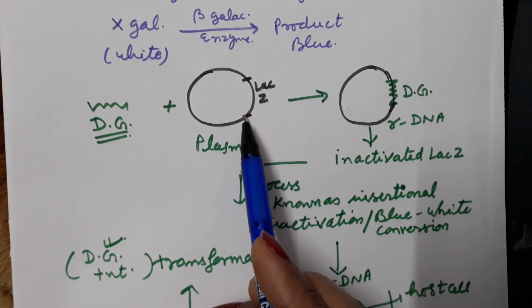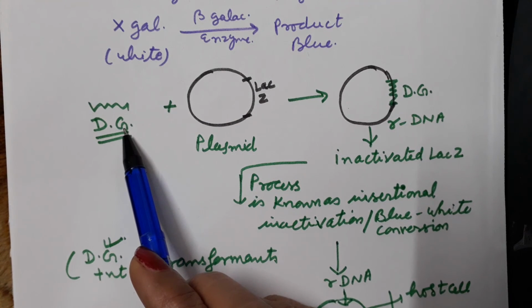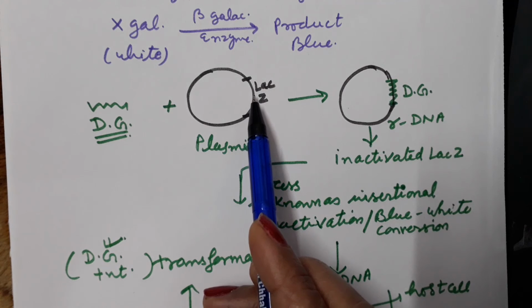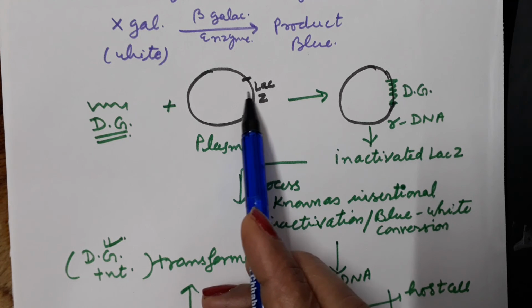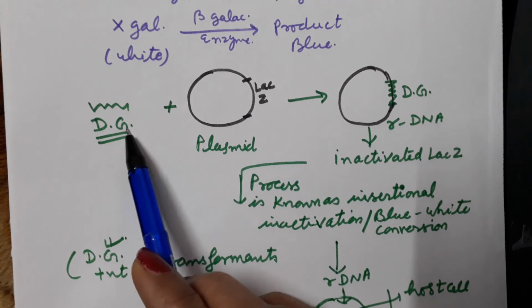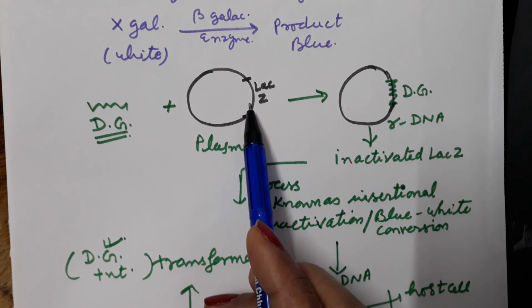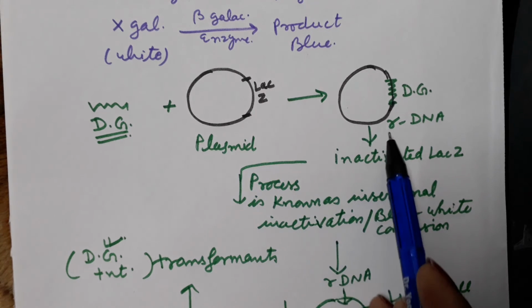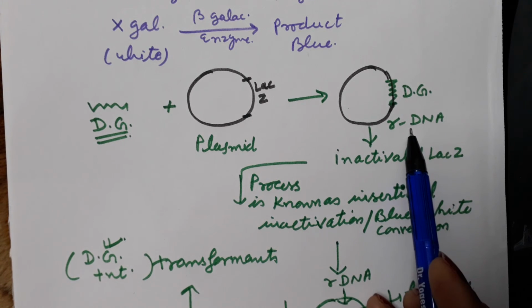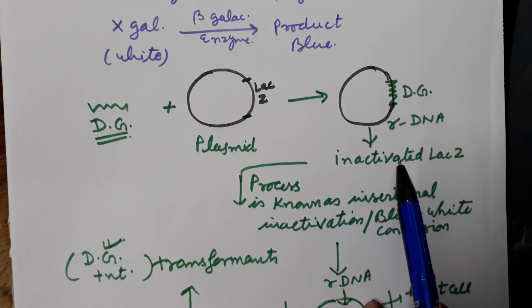But now what happens? In this plasmid we insert the desired gene at the position where the LacZ gene is present. When the desired gene is inserted at the LacZ gene site, it becomes recombinant DNA. Due to insertion of the desired gene at the LacZ gene position, the LacZ gene becomes inactivated.